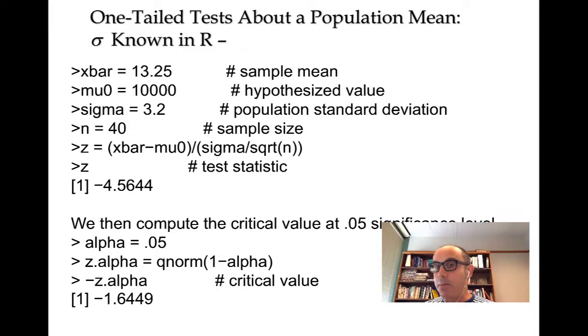So the sample mean in this case is x bar, and it's 13.25. The hypothesized value, I'm calling it mu0, and I'm giving it a value. The sigma is the population standard deviation.